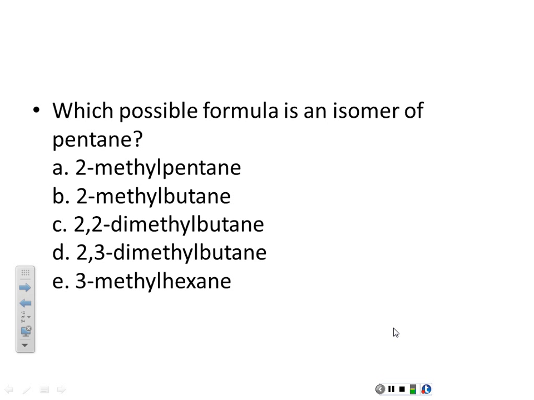This is 4 carbons and 1 branch. Same molecular formula but different structures. This one has 5 carbons and 12 hydrogens, so it would be 2 methyl butane. Correct.